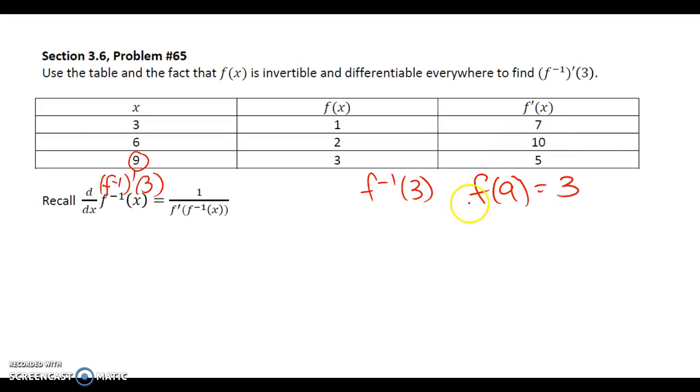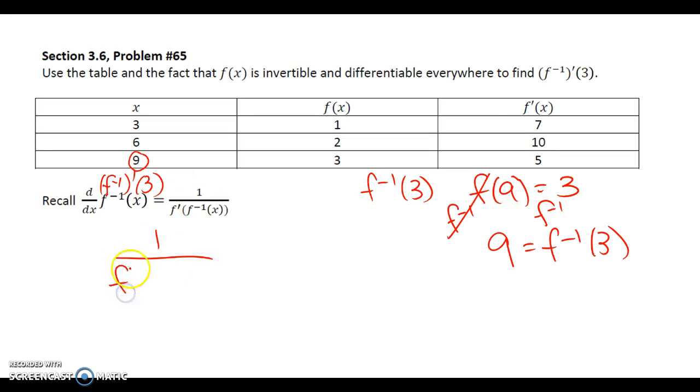Well, take the inverse function of both sides. I can do anything to an equation as long as I do it to both sides. So the inverse function of the function, they drop out, and we get 9 equals the inverse function of 3. That's what we needed in this denominator, didn't we? So now it's 1 over f prime of 3.